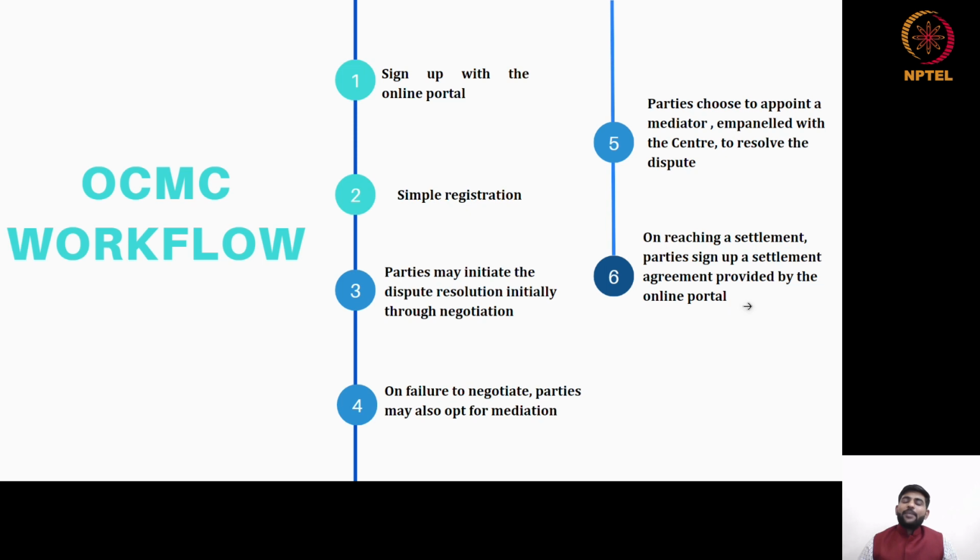So basically, any person who wants to file a complaint, either a pending case before the consumer commission or a new complaint against the e-commerce companies, was required to register with the Online Consumer Mediation Center.